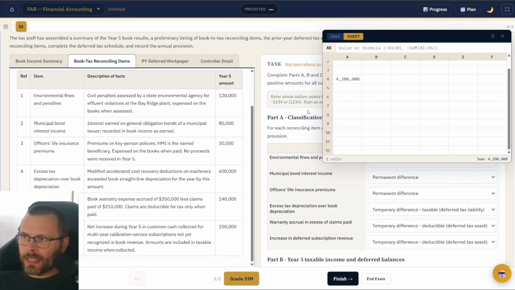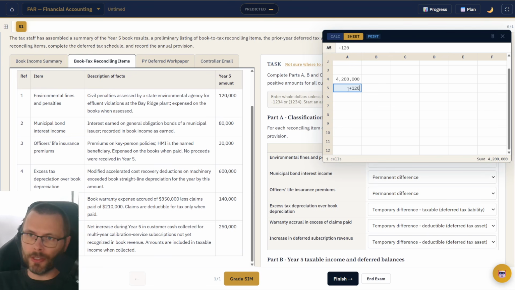120,000 in fines. These are taken on the books, but the IRS will never allow it. So you have to add it back to income because your book income takes those out. It would have been 4.32 million if you were never allowed to use them from the IRS's point of view.